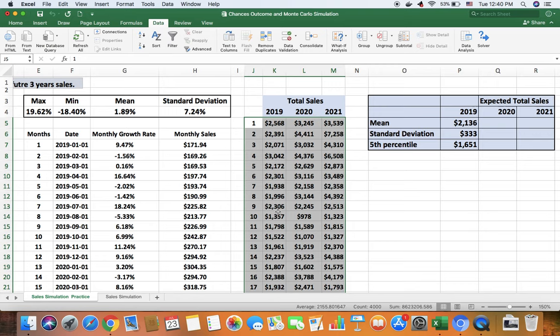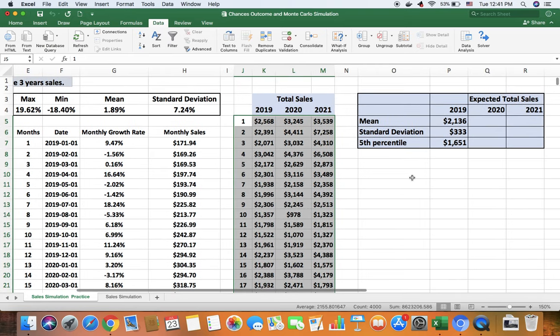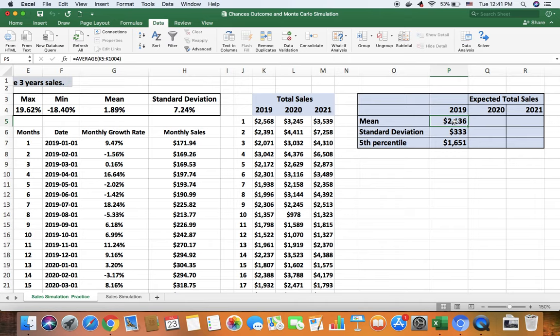Their total sales differ. Then we calculate the mean of 2019. Use this formula, just average this column. Then we just slide over, and then we calculate the standard deviation.